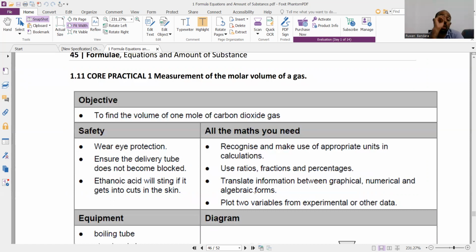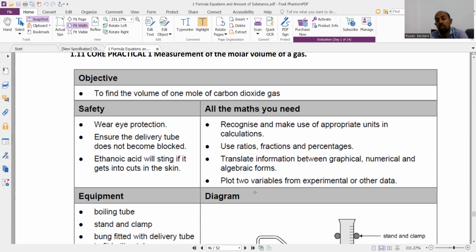So we are going to do this practical in order to measure the molar volume of gas, right? Remember, always wear eye protection, and make sure the delivery tube is not blocked. Be careful when dealing with ethanoic acid, because it is irritating and will hurt your skin.